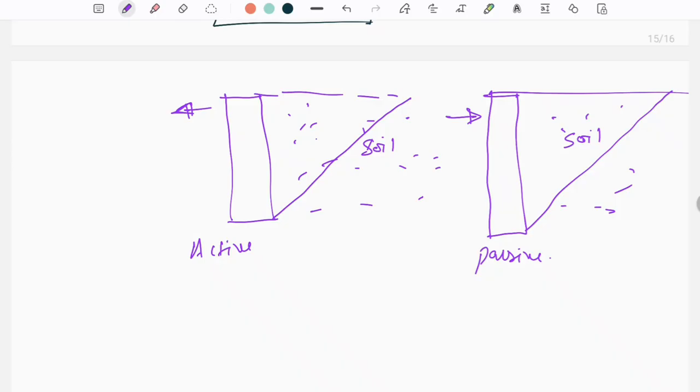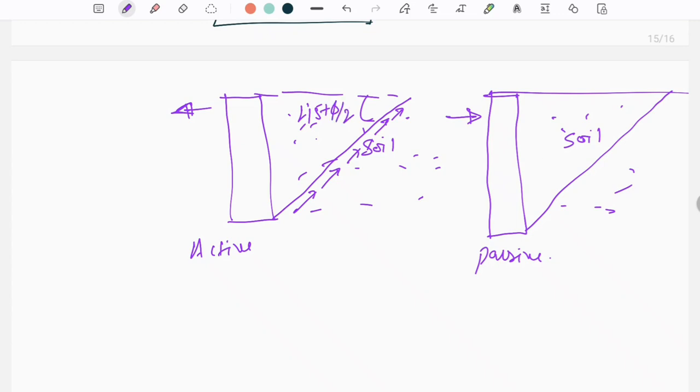In this case the wall is moving away, so the soil moves here and friction is generated like this. This value is 45 plus phi by 2. This is also asked many times.